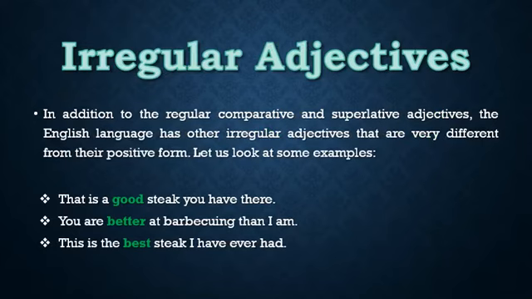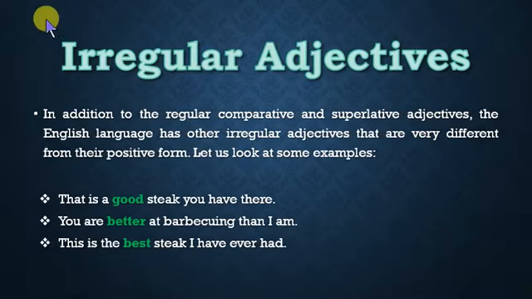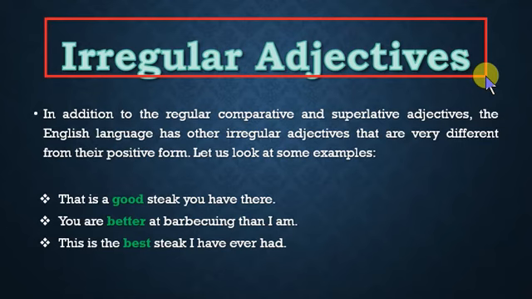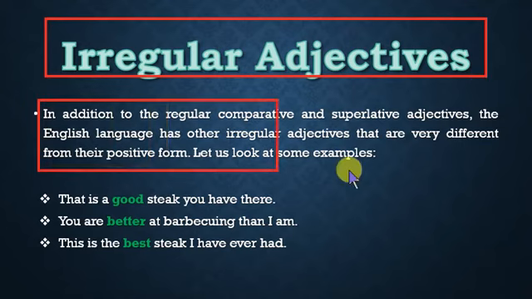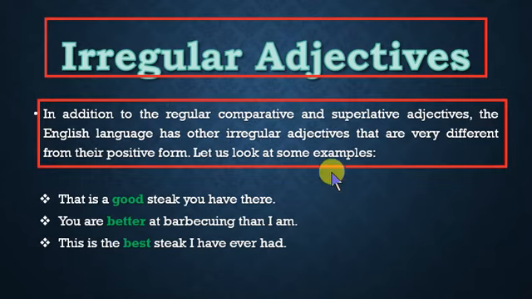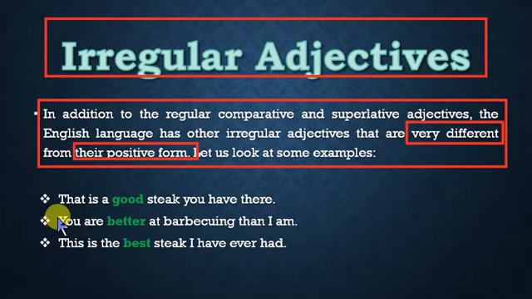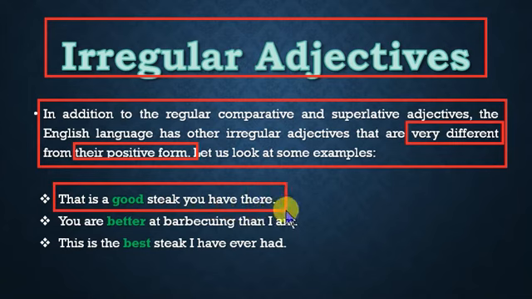Now we will go for irregular adjectives. In addition to the regular comparative and superlative adjectives, the English language has other irregular adjectives that are very different from their positive form. Let us look at some examples. First, that is a good steak you have there. What is the meaning of steak?